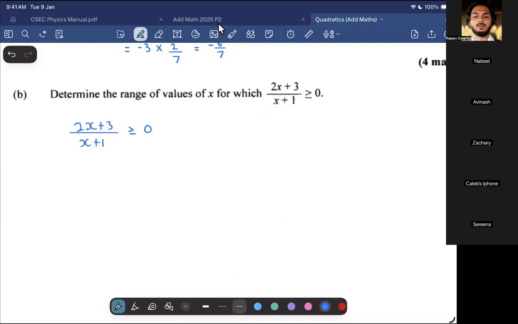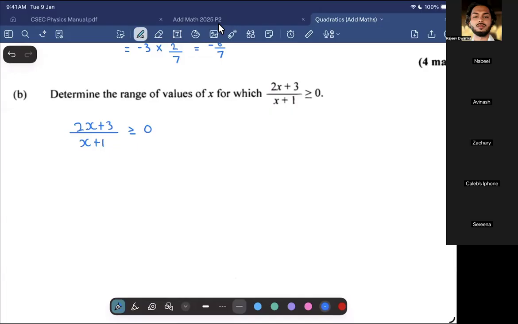The way I do questions similar to this in the past classes. Can't remember. All right. So Caleb, with these types of questions, let me just show you a shortcut.